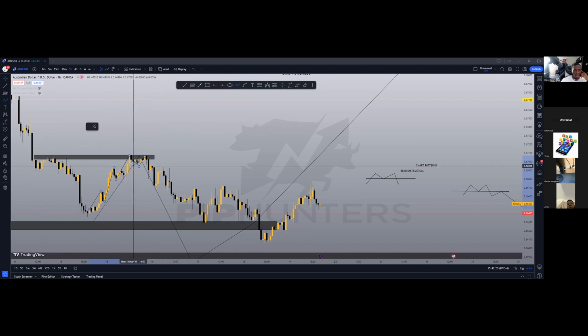Then it broke past the neckline, which is this down part, and kept on going down. You see how much it sold before coming back for the retest. Price came back for the retest, then continued selling. So when you become a very good trader, you can trade this breakout and still catch this retest and trade it too.